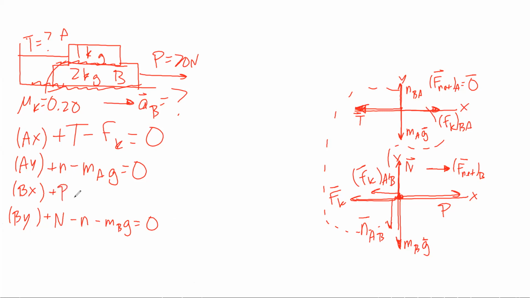So plus P minus 2 friction forces: little fk from the A on B, and a big fk from B on the surface. And that equals, you might be tempted to say MA plus MB times acceleration, but it's still just plus M sub B times A.